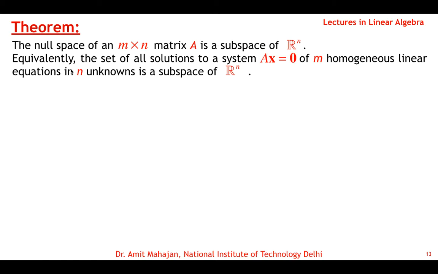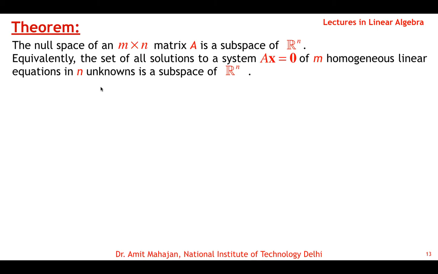Equivalently, the set of all solutions to m homogeneous linear equations in n unknowns is a subspace of Rn. This is the same, because the null space is a set of all solutions to the homogeneous system, a set of x vectors such that this holds.